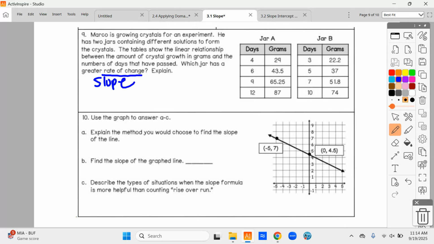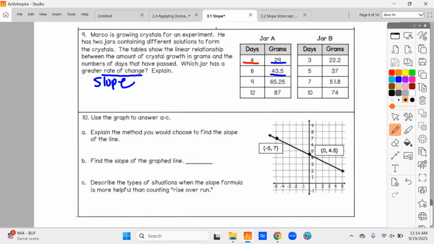We're just going to have to use calculations here. So I'm going to go ahead and use grams and the number of days. So grams must be my dependent, and the days are my independent. So I'm going to use these two.